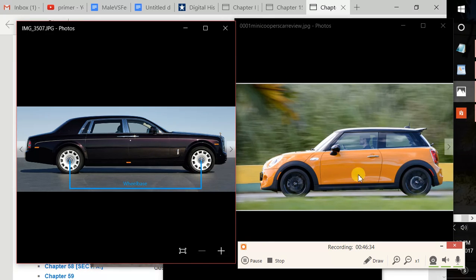And the standard for a man right here is a Mini Cooper. So now this is what Angie Coulter is trying to explain. I'm trying to break it down so you guys can understand. The shorter the wheelbase, the more agile this thing is.